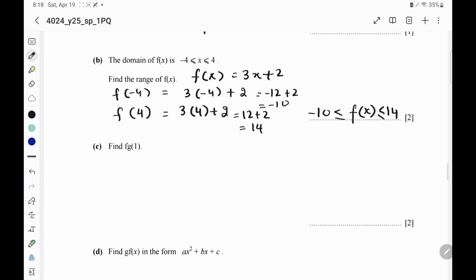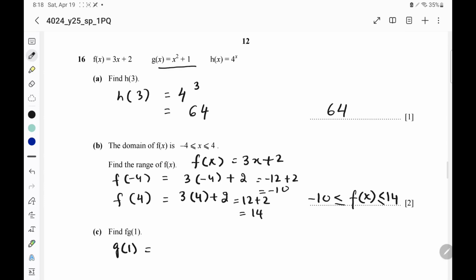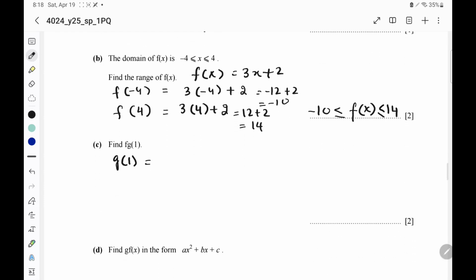Now fg(1). fg(1) means first of all find out what g(1) is. So g of 1 is equal to 1 squared plus 1, since x squared plus 1 is g(x), which is equal to 1 plus 1 is equal to 2.